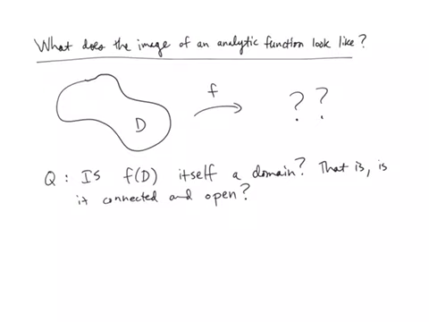Well, it's not hard to believe that the image of D here is going to be connected, in the sense that any two points are connected by a path. Because if you have points connected by a path over here, then you just apply f to that. So that's gamma.